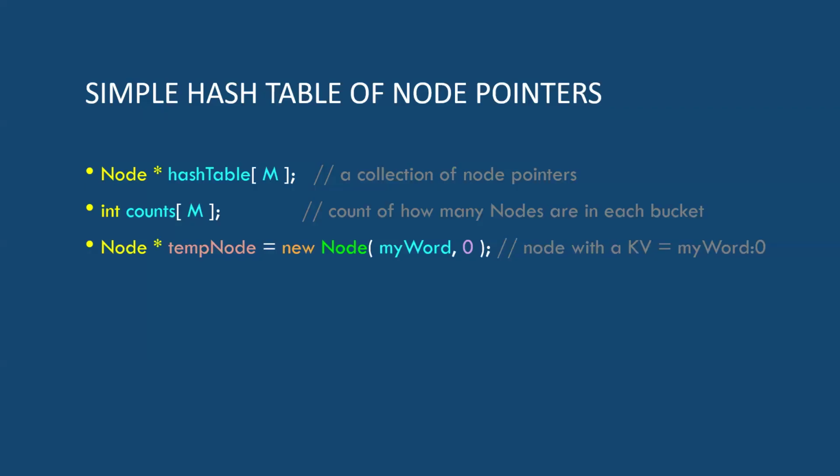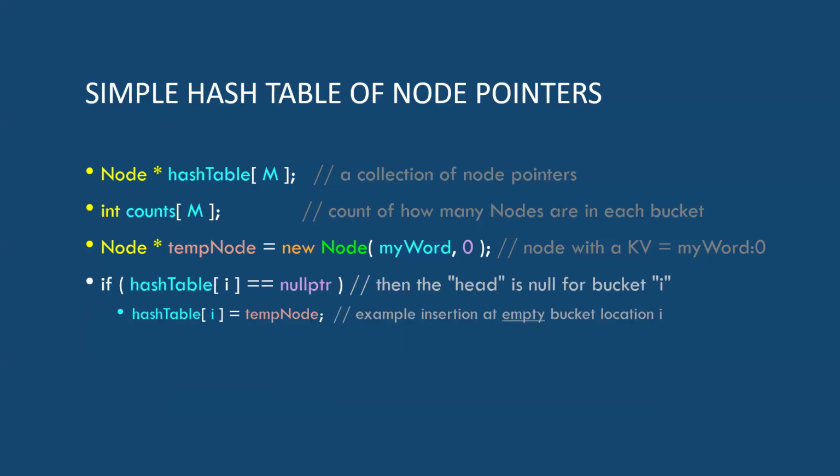So when we want to create a new node, we do our usual Node* temp = new Node(key, value pair), okay? And then I want to see, for example, and this is just snippets of code, if I wanted to check whether a particular location of the hash table was empty, I'd just say if hashTable[i] is null, then let's say plug in that node at the head of the linked list.